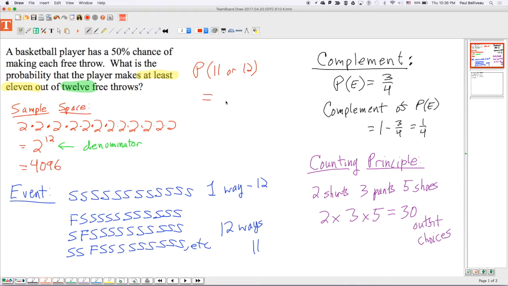Well, it's the probability of the 12 ways that you could make 11, in other words, the 12 ways that you could choose to fail once, plus the one way, the only way that you could choose to succeed 12 times, divided by 4,096. So there are 13 ways to do this, and 4,096 ways total.